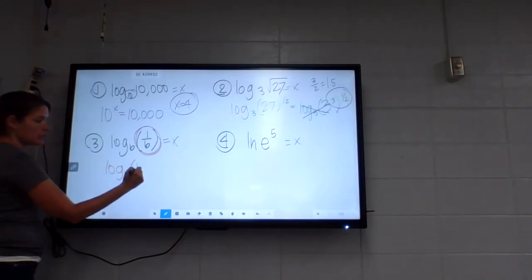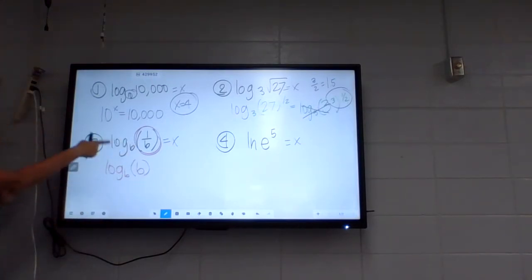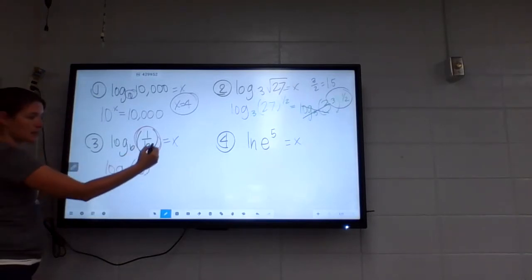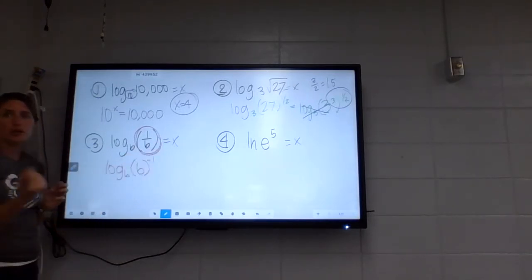So I'm going to change this to b. What power do I have to do to make this 1 over b? Yeah, you got it. What is it? Negative, like a -1 power. Because b to the -1 power is 1 over b. All these rules that we talked about with exponents back in Algebra 2 and in Algebra 1 are coming back to kind of haunt us maybe a little bit. So this and this are exactly the same thing. So we're trying to rewrite it that way.